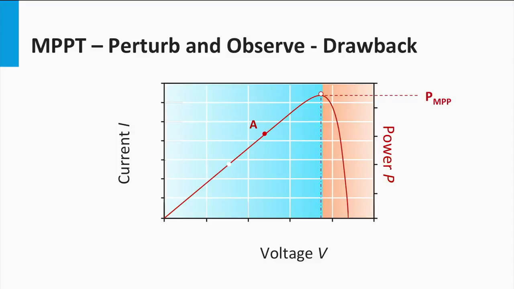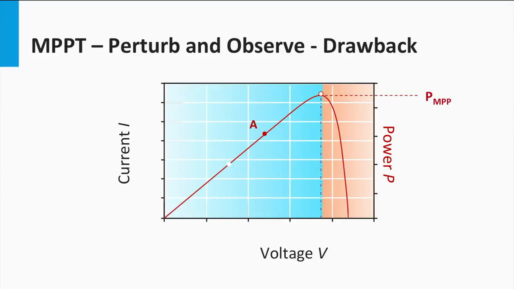This situation is illustrated in the figure as well. In the latest perturbation, the algorithm has determined that the maximum power point lies to the right of point A, and hence the next step is a perturbation to converge towards the maximum power point accordingly.